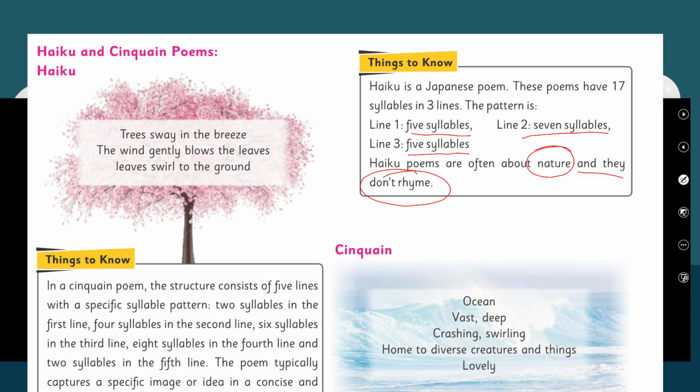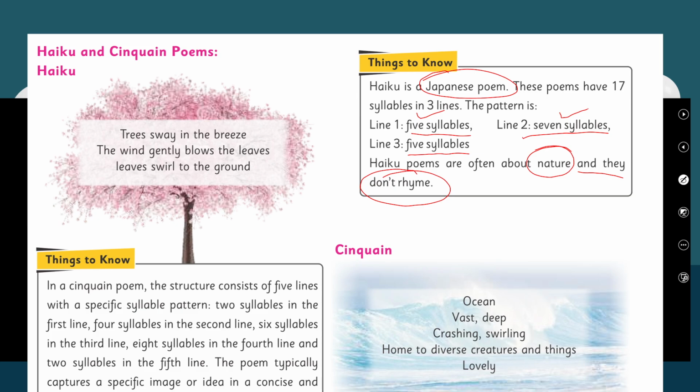Now, we know that haiku is a Japanese poem. They have 17 syllables in the 3 lines. And these syllables are divided with 5 syllables in line 1, 7 in line 2, and 5 in line 3. Now, this kind of poem is what we call a haiku.